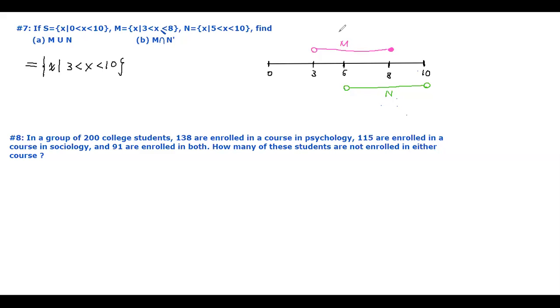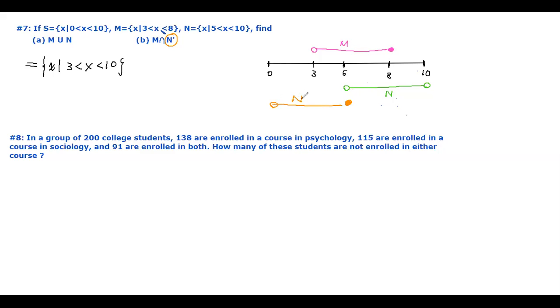Be careful here. This is N prime, so I'm going to do N prime first. N is my green. N prime is everything else in the sample space except N. Because there is a circle here, this end is solid. So it's from here to here.